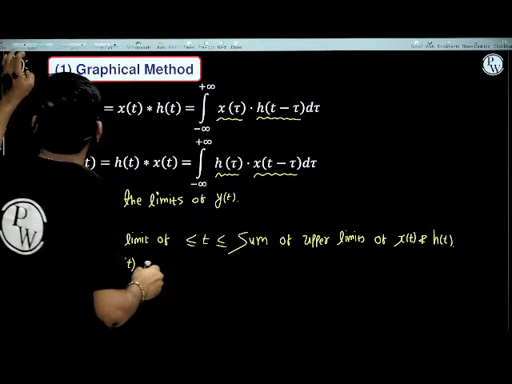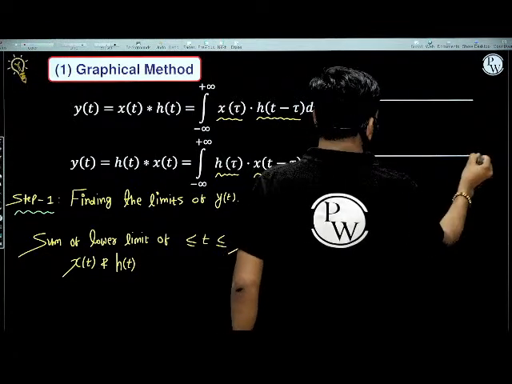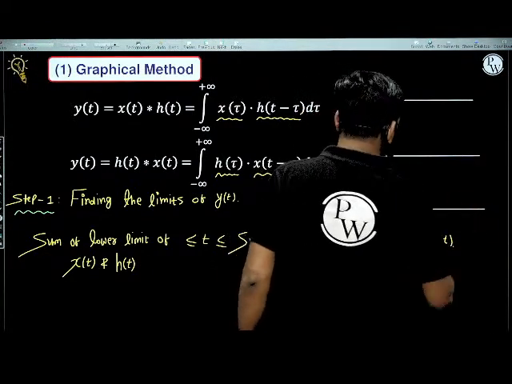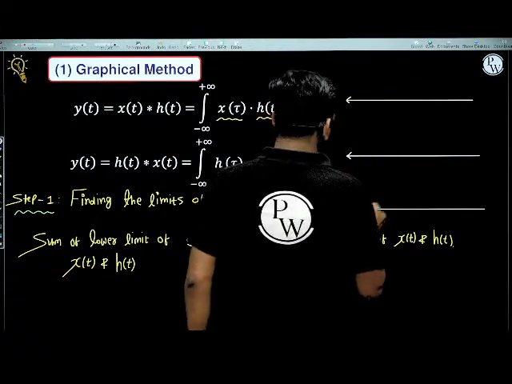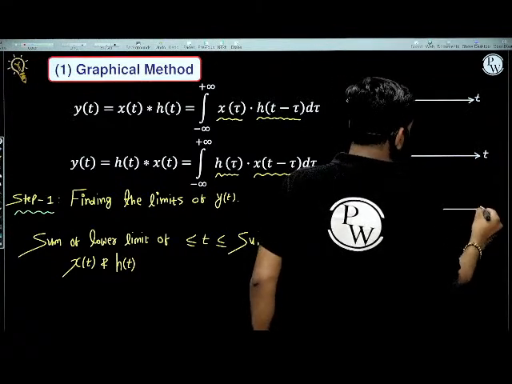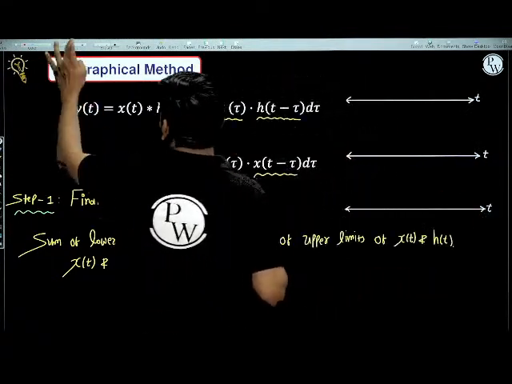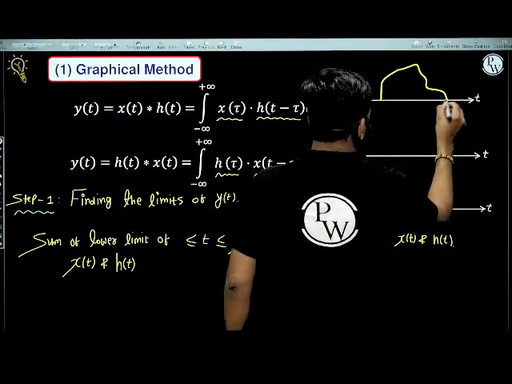Okay, let us understand this step. Suppose this is x of t convolution with h of t, and here I am drawing the resultant signal y of t. Let us consider this is one signal x of t, a general signal.